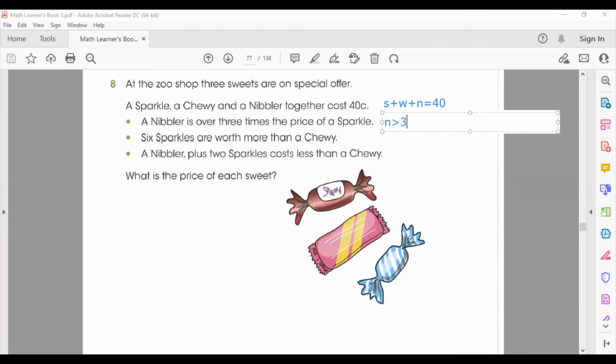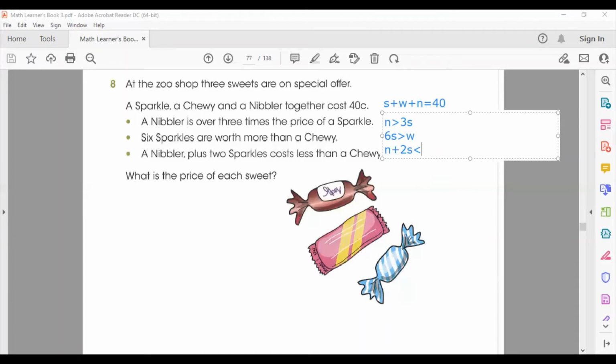Three sparklers. Okay. The second information tells us 6 sparklers. We can write 6S is greater than chewy, and a nibbler plus 2 sparklers cost less than a chewy.